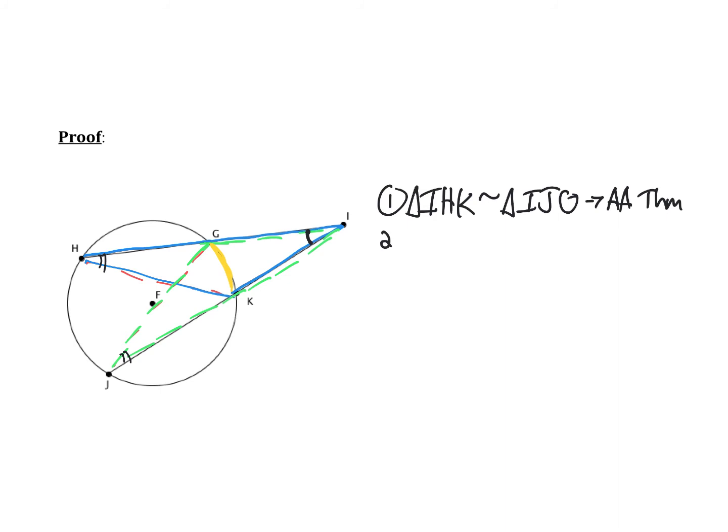Okay? If that's the case, I could set up a proportion of similar sides. So I could say IG over IK. Now let me just erase some stuff here so it's a little bit easier to see. I'm going to redraw those triangles.